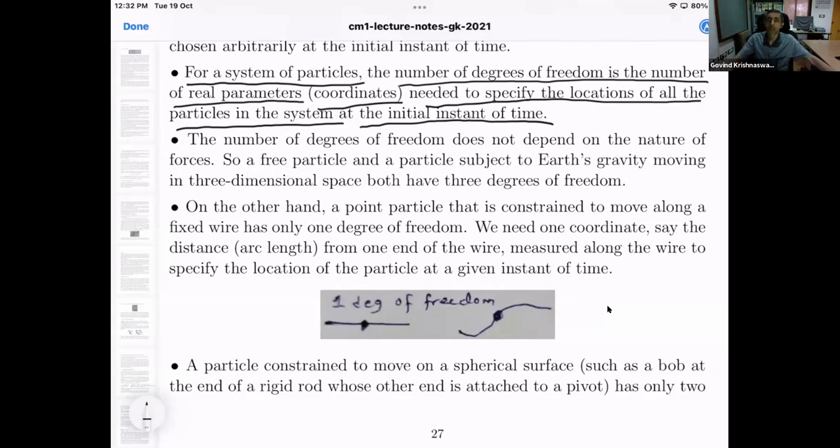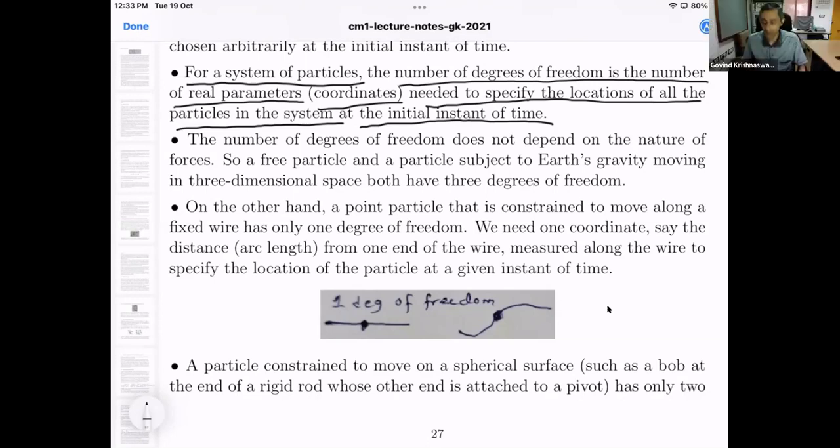So we are only counting the number of real parameters. Their ranges, while being of much interest, because CMI doesn't occupy the whole of Siruseri, we have some restrictions here. So the ranges of the coordinates will be restricted, but that doesn't change the fact that you need 3 coordinates. Is that clear?